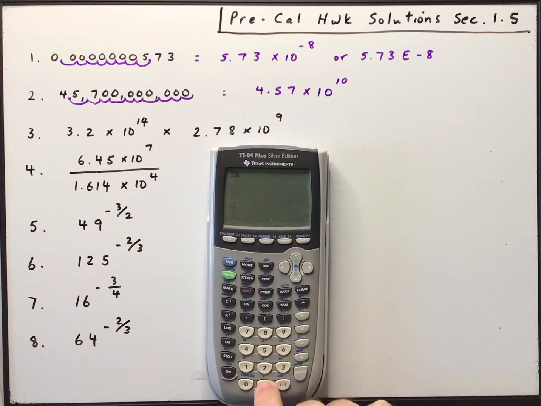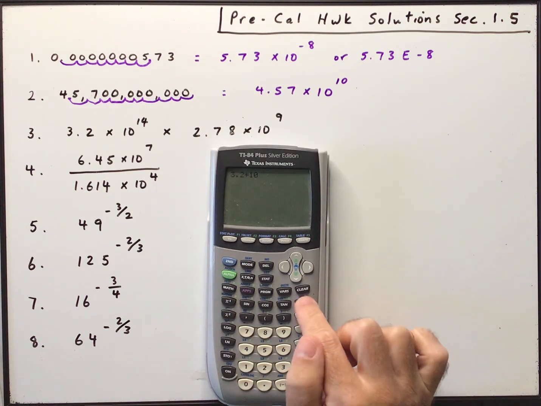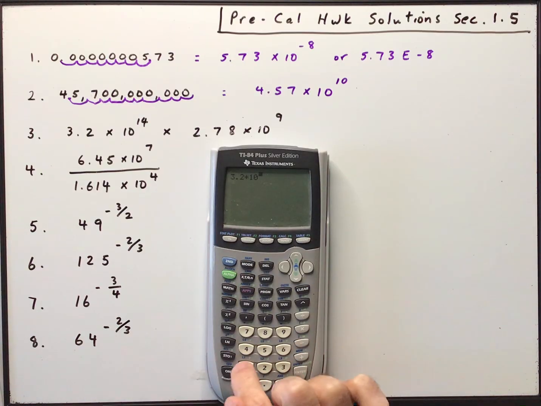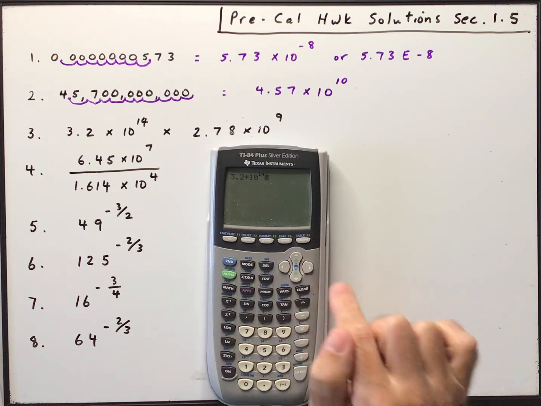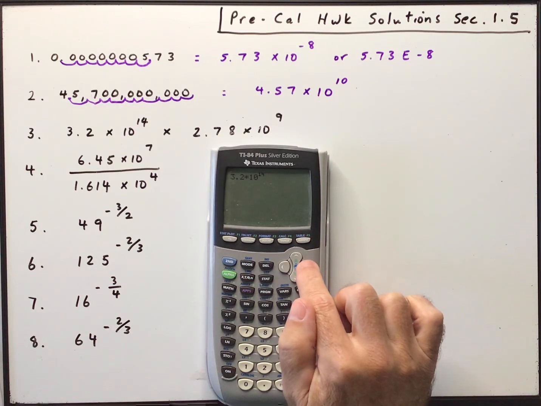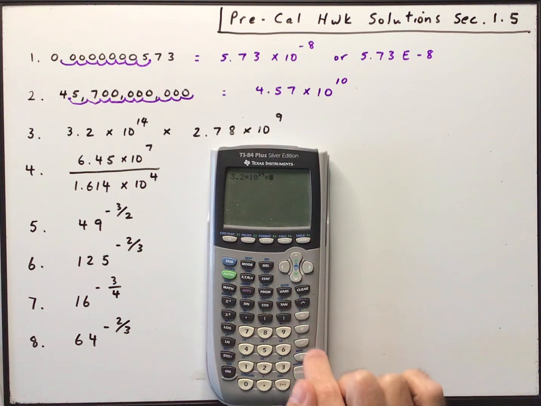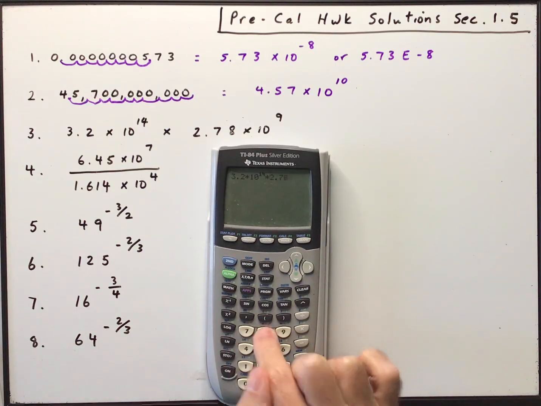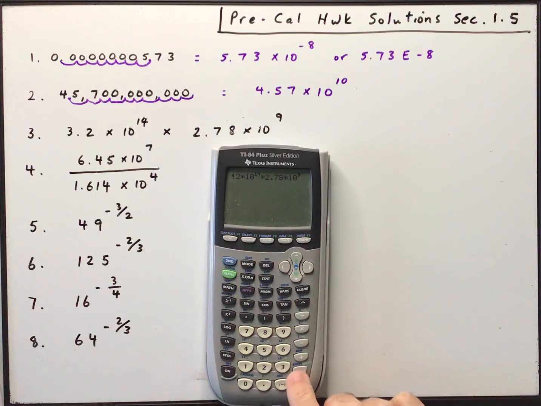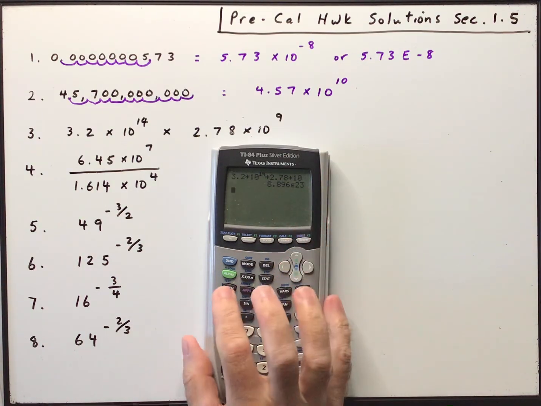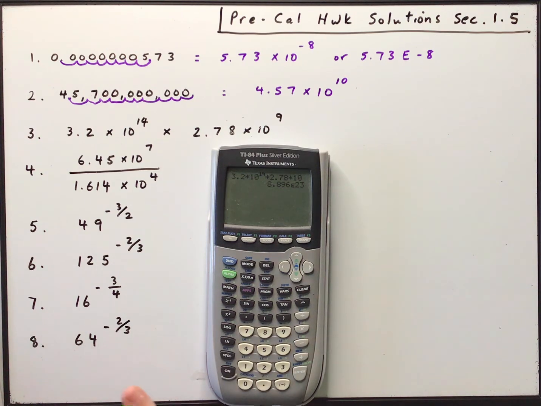So let's try 3.2 times 10, and then the caret to the 14th, and then I'm going to hit the right arrow to get it off of the exponent, times 2.78 times 10, and then the caret, and then the 9. All right, we'll hit enter. And of course, it gives you in E form 8.896 e to the 23rd.